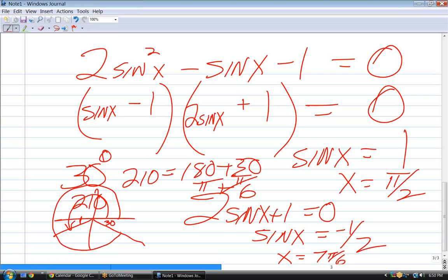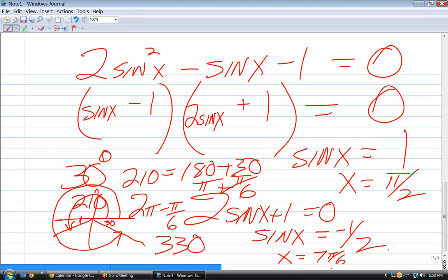In degrees, it would be 330, which is a pi over 6 short of 2 pi. In other words, the whole unit circle is 2 pi, and 30 is pi over 6.